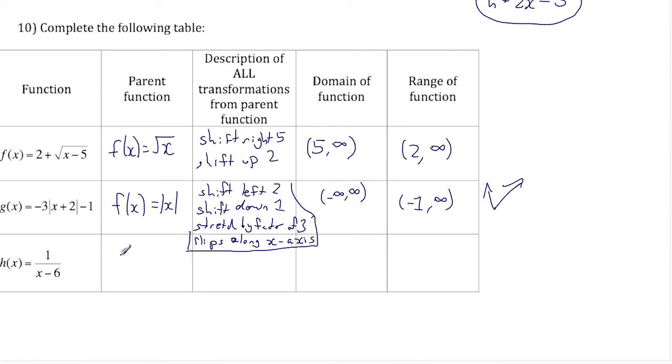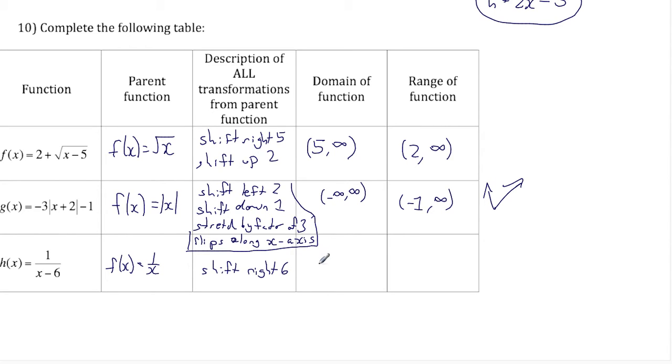Then we have our last one, parent function here. This is just going to be a basic f of x equals 1 over x. What's the transformation? We are shifting to the right 6 because we're subtracting from the actual x value inside.